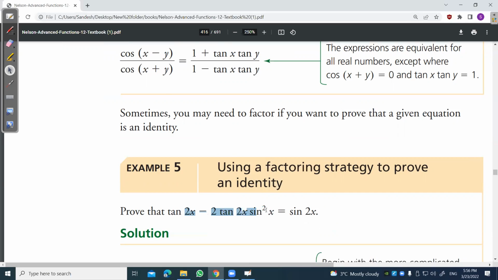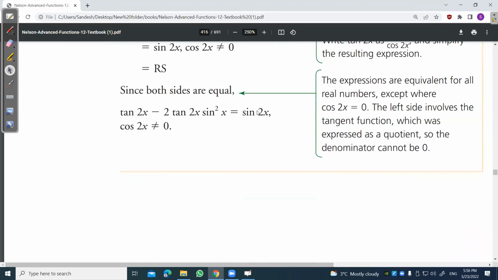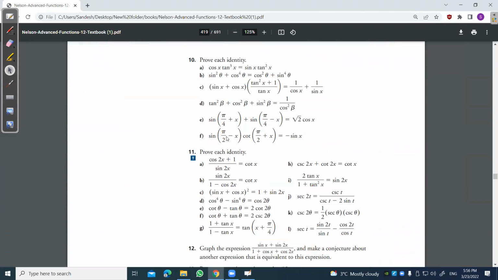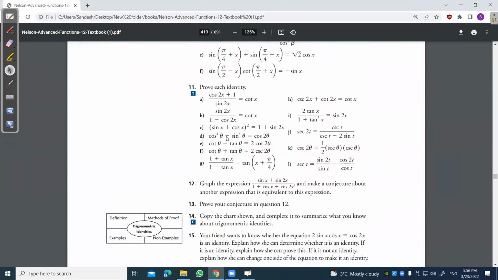What even is it? This one is going to be a double angle formula because they've given you tan 2x and tan 2x. But sometimes it's going to get difficult. All the examples there are very easy, but you'll see that something like this is very difficult, like the D here.